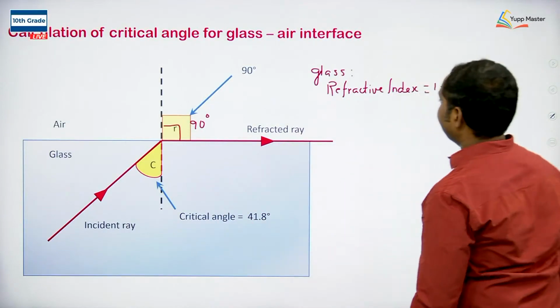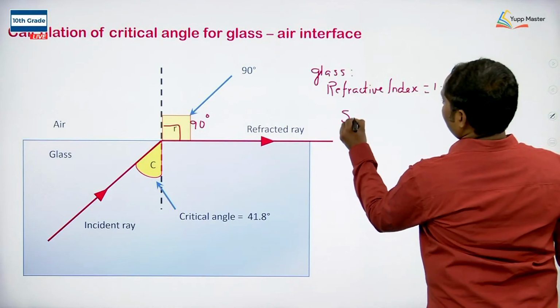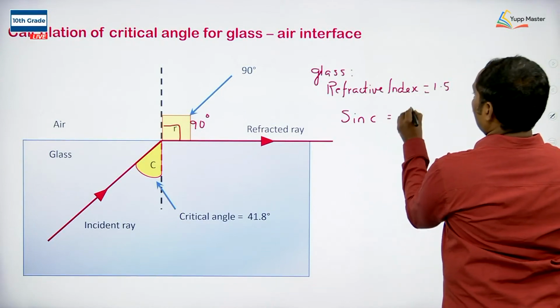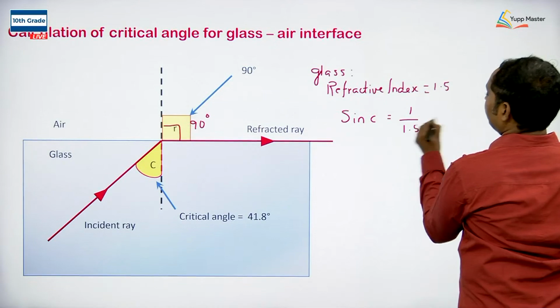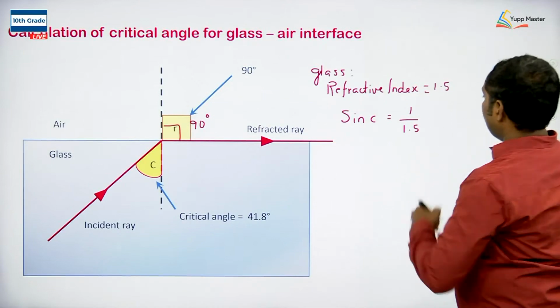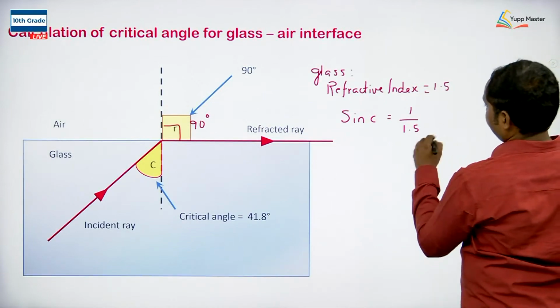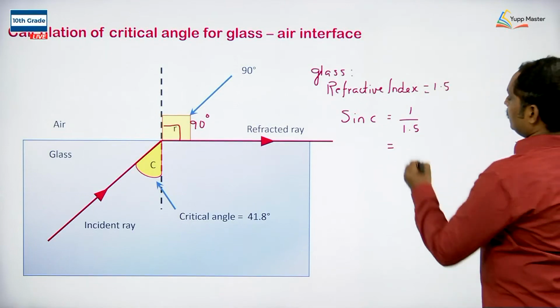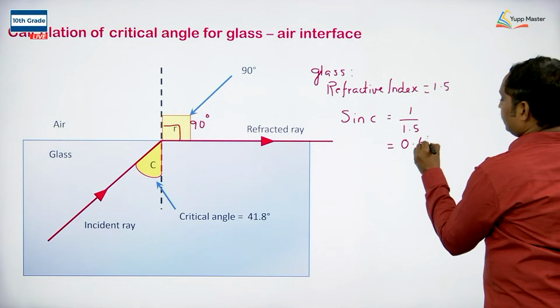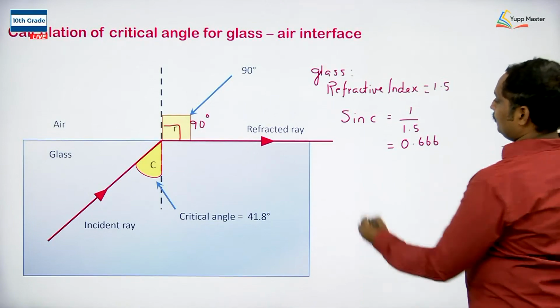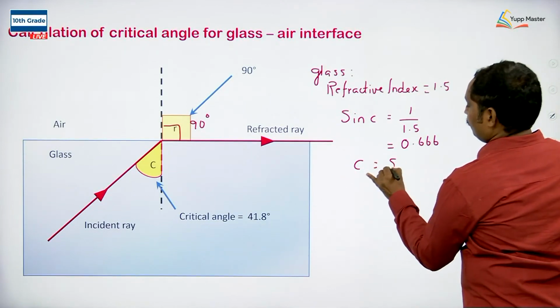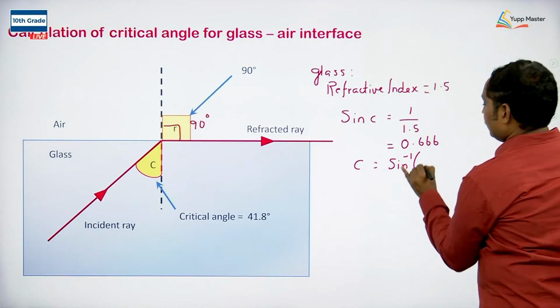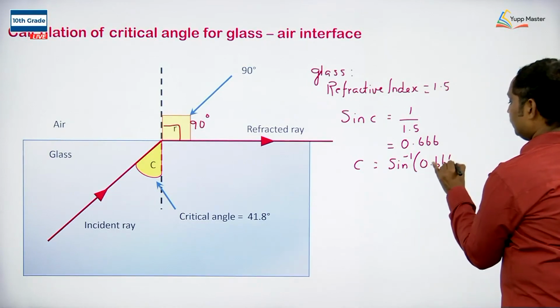Just have the idea. Therefore, sin C is equal to 1 by 1.5. Now you can take that, this value goes to 0.666. So C is equal to sin inverse 0.66.